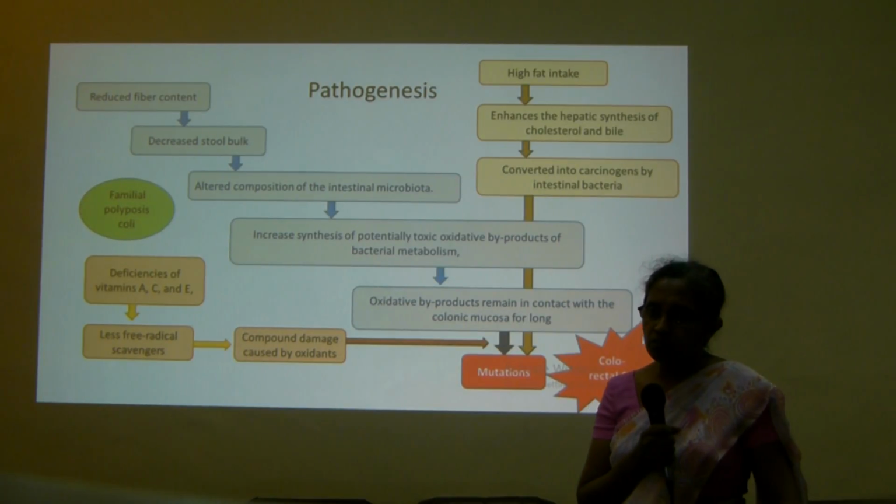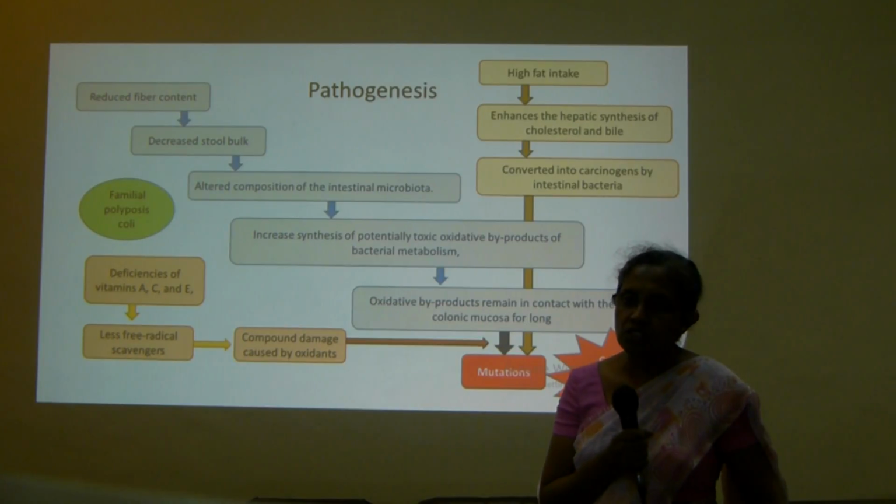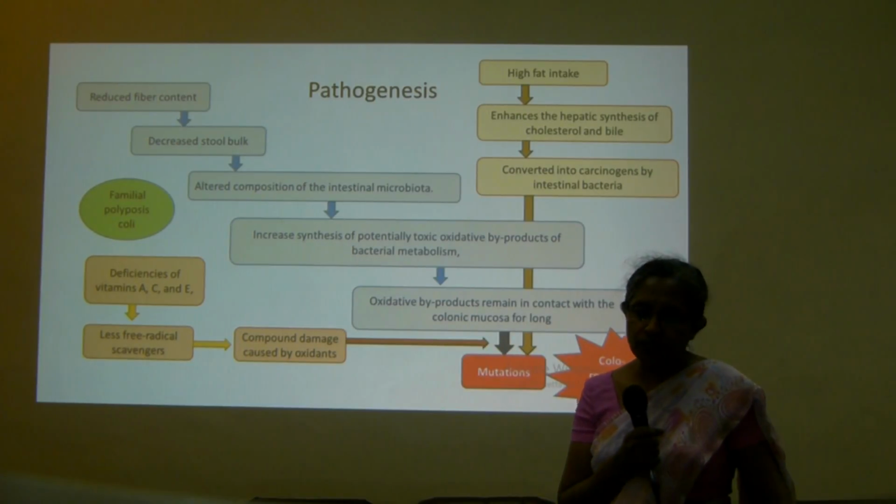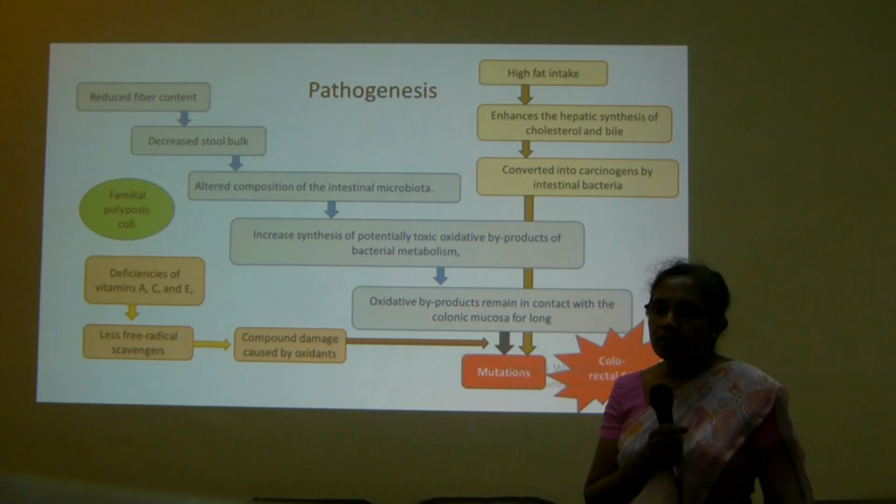So these oxidative byproducts can bring about mutations or damage to the genes. So one way is that because of the reduced fiber content and high fat intake, all that is directed towards mutations in the mucosal epithelium.